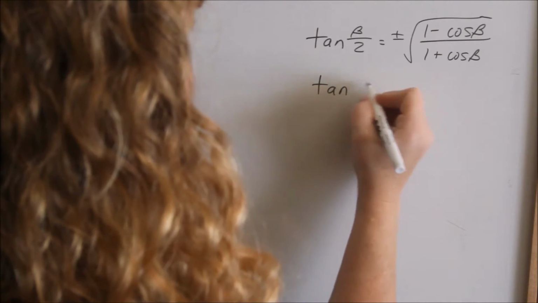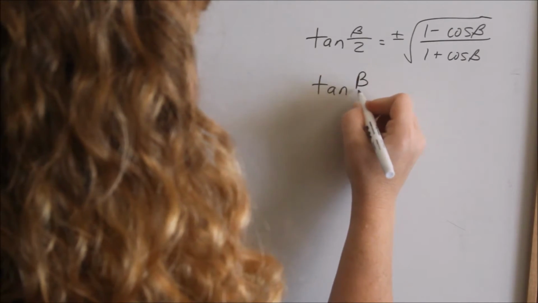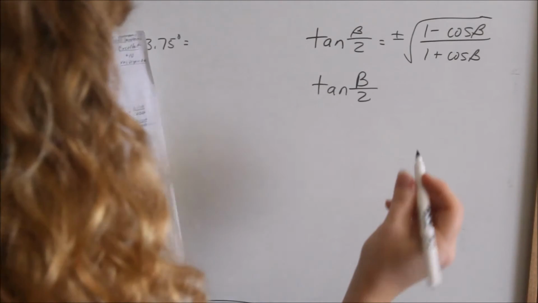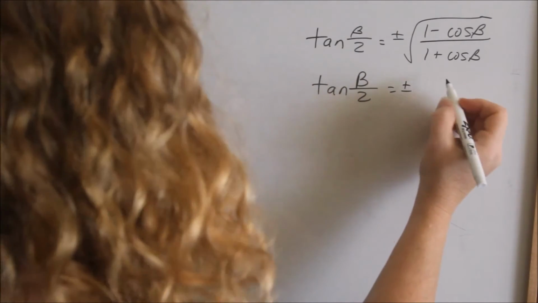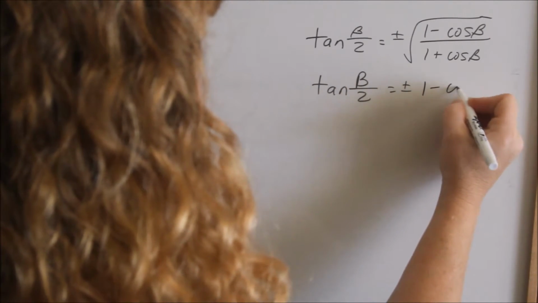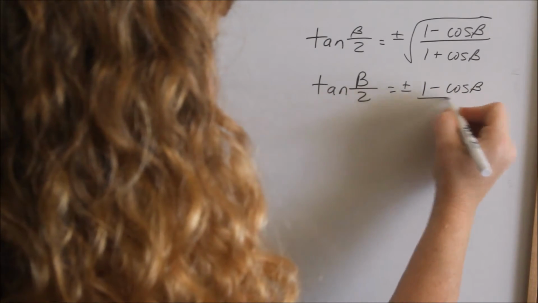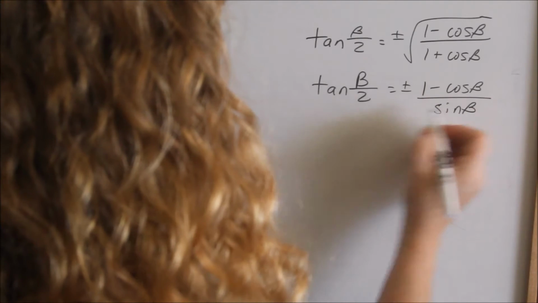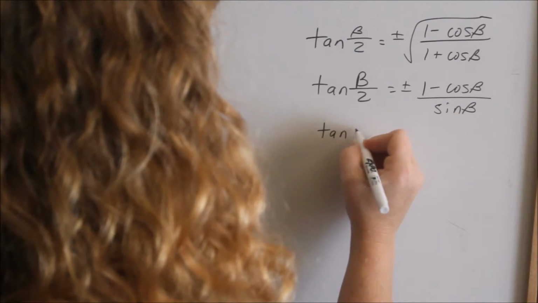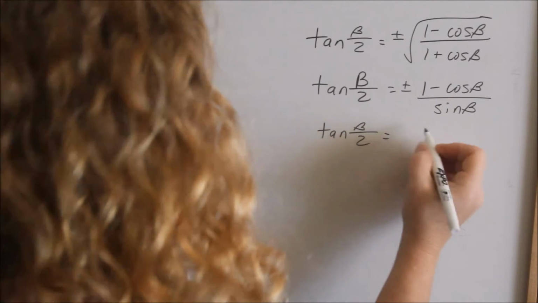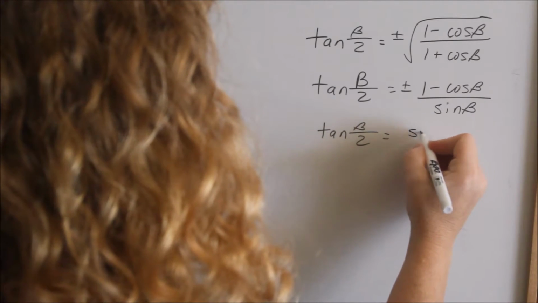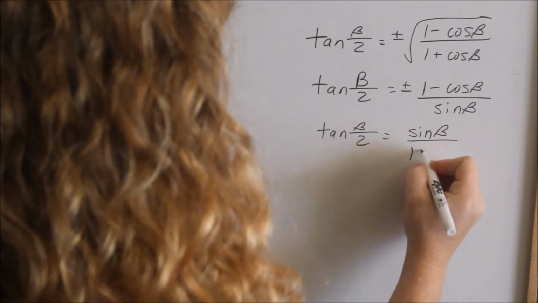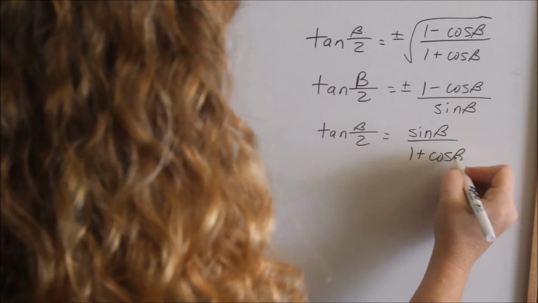or you can use, and remember this plus or minus is dictated by what quadrant you're in, plus or minus the square root of 1 minus cosine beta all over sine beta, or you have sine beta all over 1 plus cosine beta.